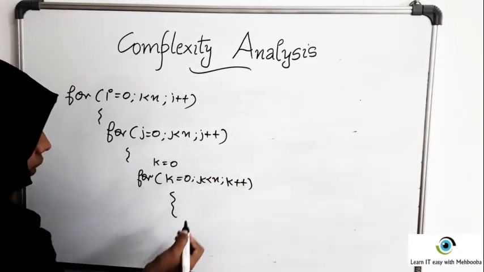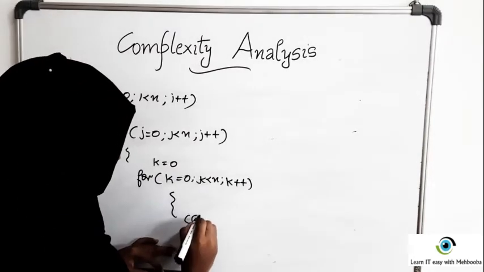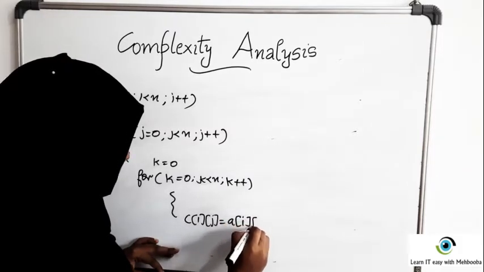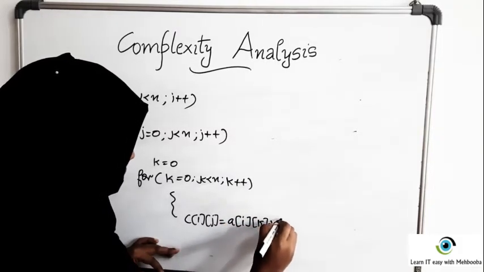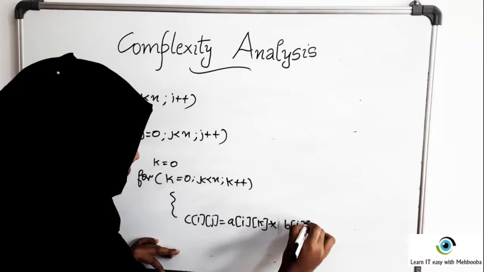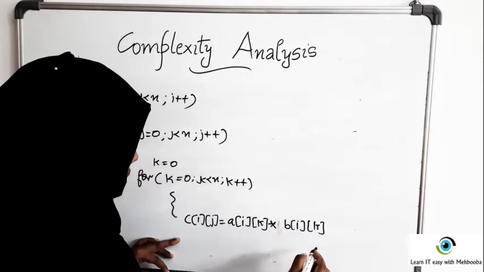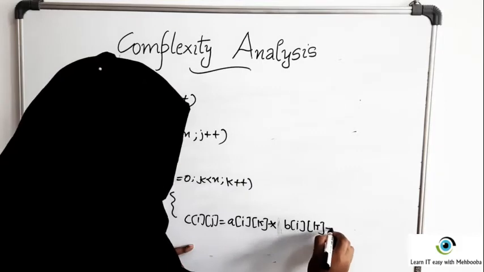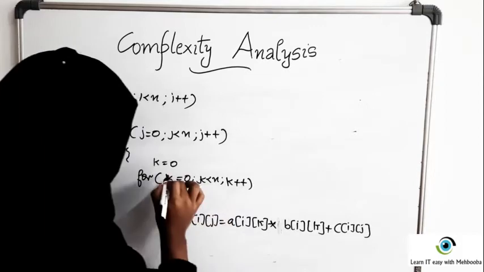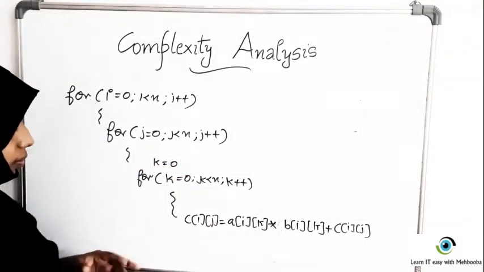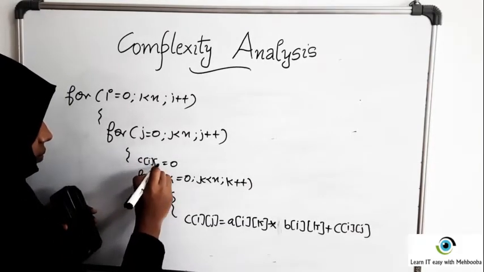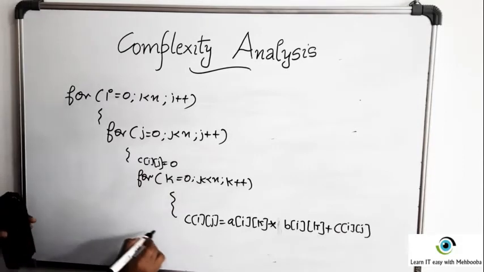C of i j is equal to A of i k into B of k j plus C of i j. Sorry, C of i j is initially equal to 0, not k. Okay.